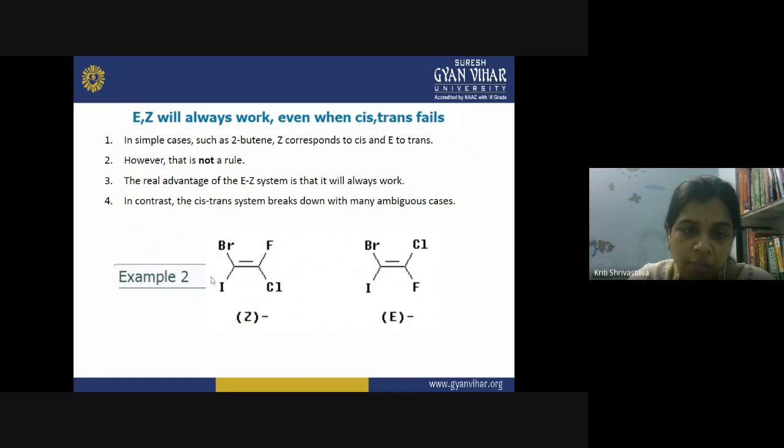This is the priority 1, 2, 3 and 4. When you have the two groups of the highest priority on the same side, this will be your Z. And if 1 and 4 are together, so the highest priority groups are on the opposite sides, in the opposite direction, this is your E.